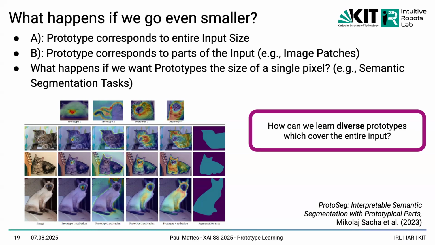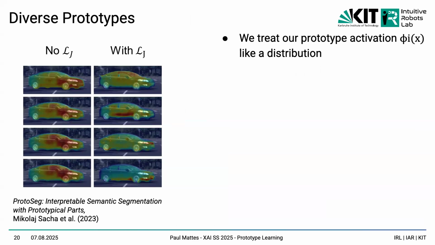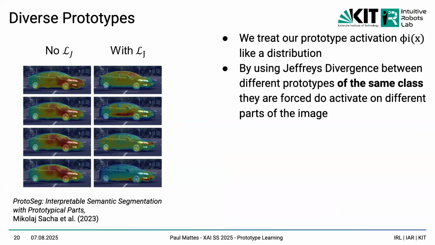But the question is now, how can we learn diverse prototypes which cover the entire input? And in the paper, they did this with an additional loss where we treat the prototype activation as a distribution. And now we can use the Jeffreys divergence between different prototypes of the same class, so they are forced to activate on different parts of the image.